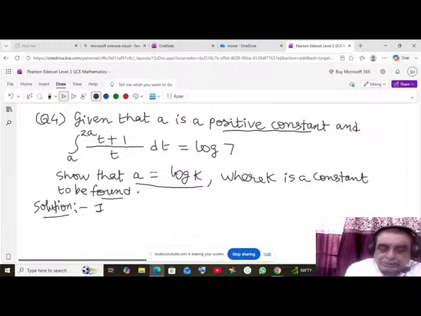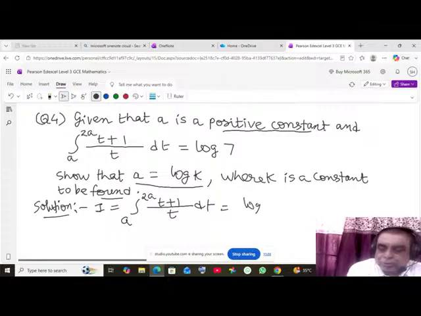So I am doing it. Here we have to show a is a number of the form log k. So I write the definite integral, a is the lower limit, 2a is the upper limit, (t plus 1) divided by t dt equals log 7.